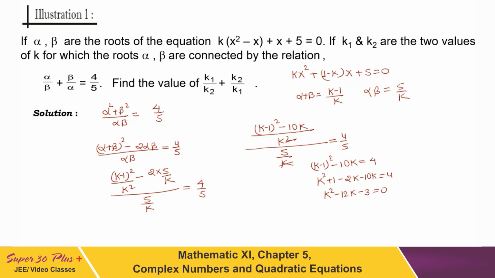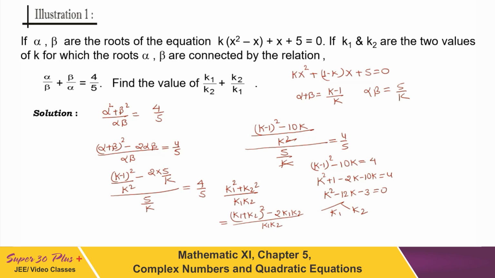This equation provides the roots k1 and k2, and the sum of the roots is 12 and the product of the roots is minus 3. So we can find the value of k1 square plus k2 square upon k1 k2. It is equal to k1 plus k2 whole square minus 2k1 k2 upon k1 into k2.